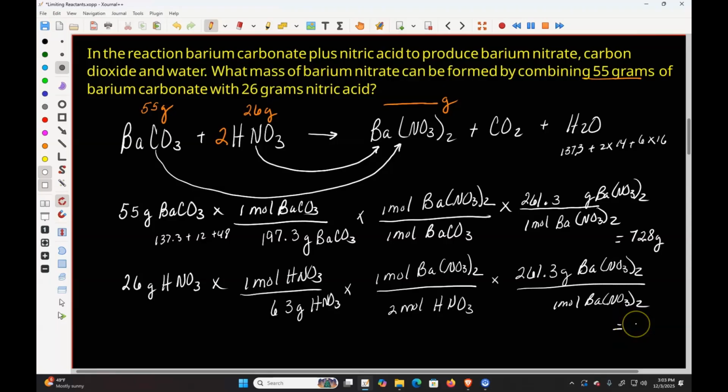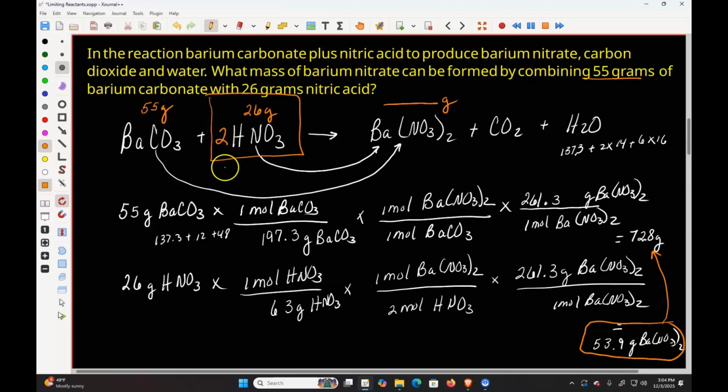This will give me 53.9 grams. Okay, this value is much smaller than this one. So that means my limiting reactant was the nitric acid, which means I had an excess of barium carbonate.